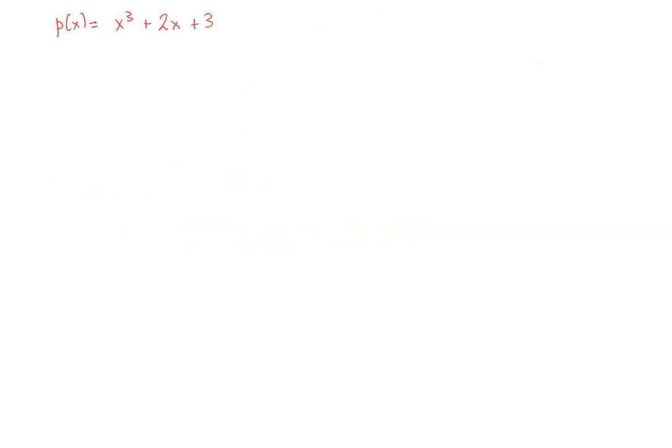Notice that P of -1 is equal to 0, which means that we should be able to write x cubed plus 2x plus 3 is equal to x minus -1, meaning x plus 1 times some polynomial of the second degree. So please pause the video and try to find that polynomial of the second degree. Okay.